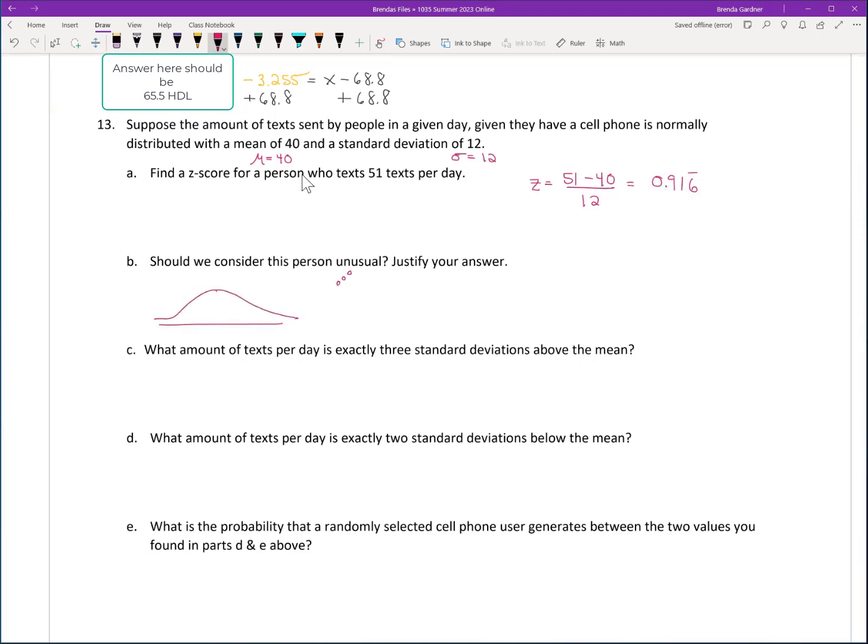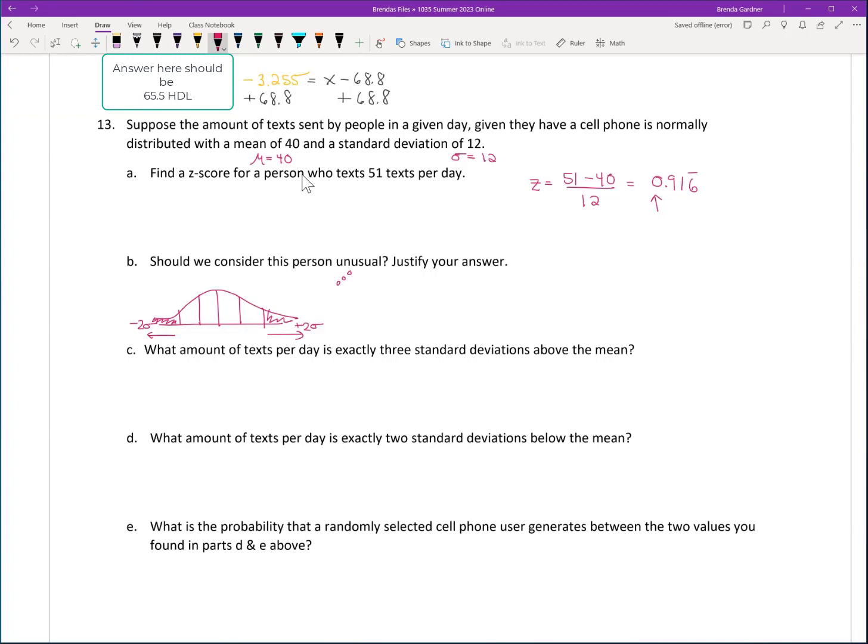When we talk about a normal distribution, unusual, and there's some debate about this, but by most definitions is considered beyond 2 standard deviations. So more than 2 standard deviations, or further away than negative 2 standard deviations. Because I haven't even reached a 1 there, if I'm texting 51 texts per day, I'm completely normal.